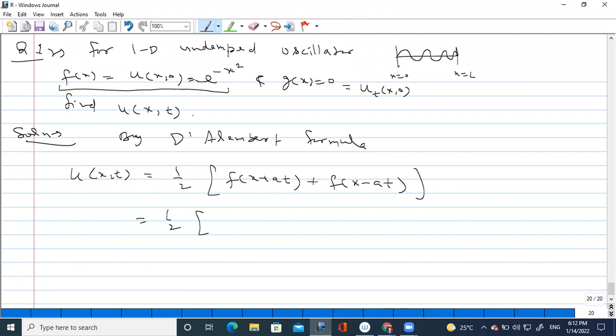In place of x, you have to write x plus at. So it will be e to the power minus (x plus at) whole square plus e to the power minus (x minus at) whole square. So this is the answer.